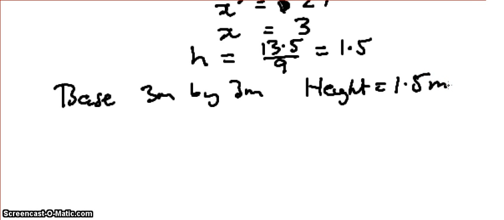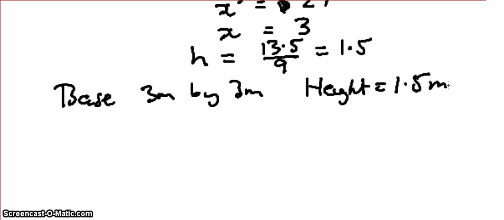If we were asked to find the area, we would need to calculate it using one of the formulas that we've got for the area and substitute in those numbers. x equals 3 and the height is 1.5.